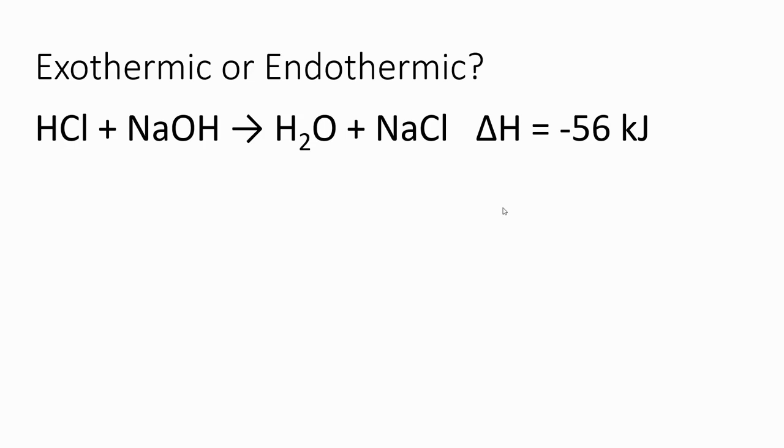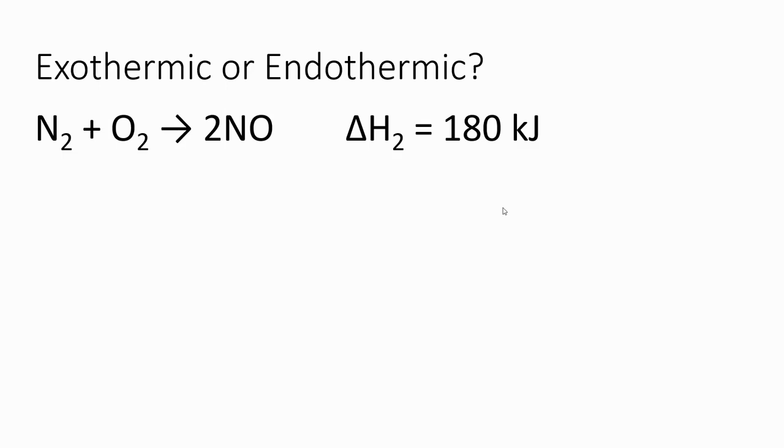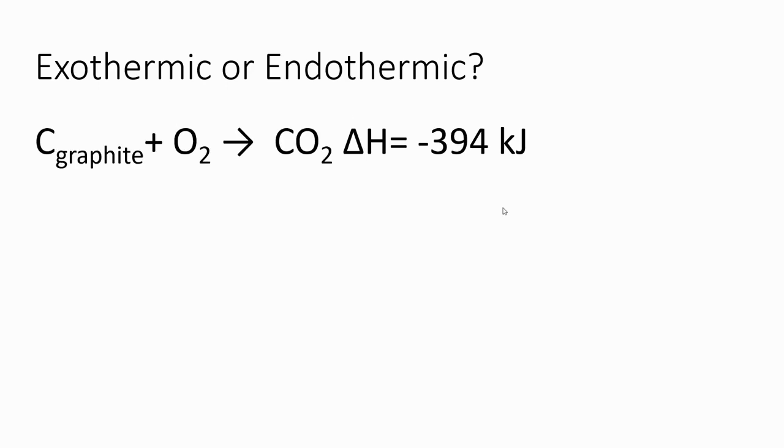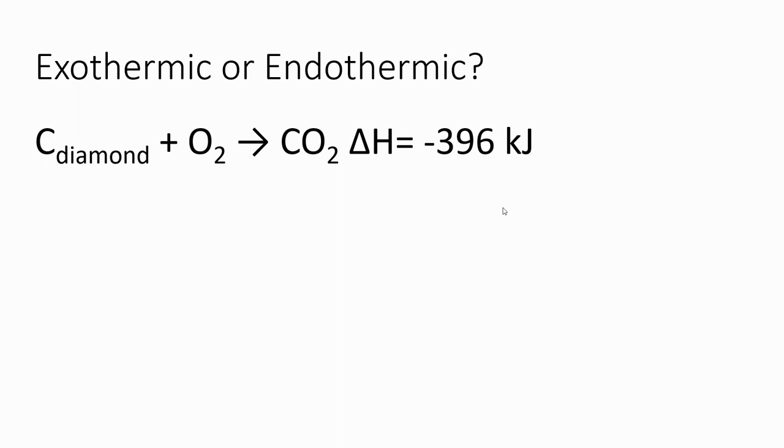If we add hydrochloric acid and sodium hydroxide, we're doing an acid-base reaction. Exo, energy comes out. Energy is exiting, so that's exothermic. Here's another one. Endo, good. We have to add energy, that's endothermic. How about this one? Exothermic. Good.